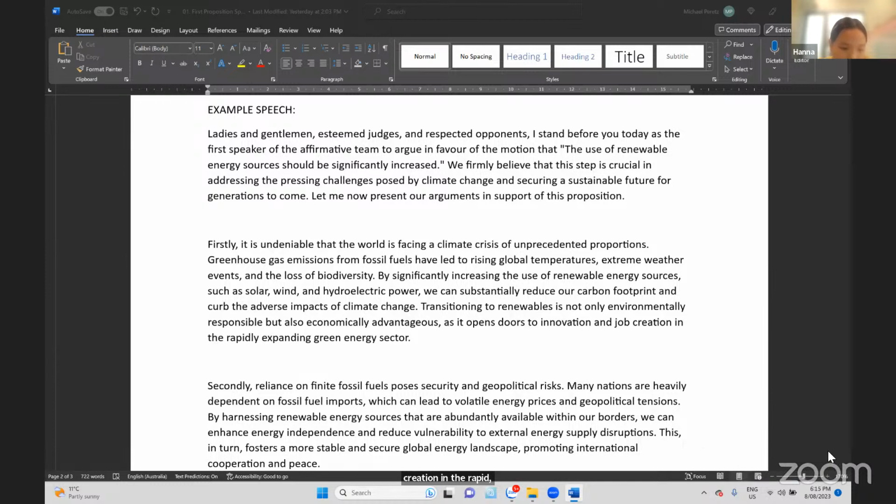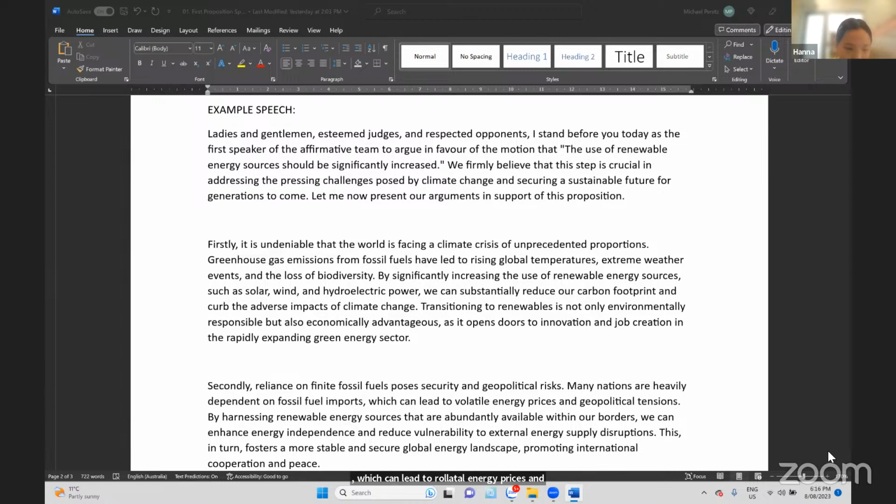Secondly, reliance on finite fossil fuels poses security and geopolitical risks. Many nations are heavily dependent on fossil fuel imports, which can lead to volatile energy prices and geopolitical tensions.